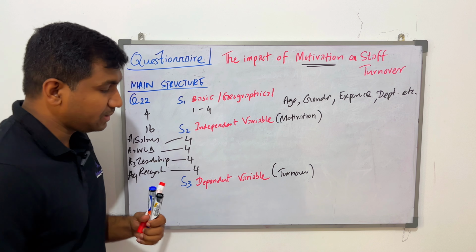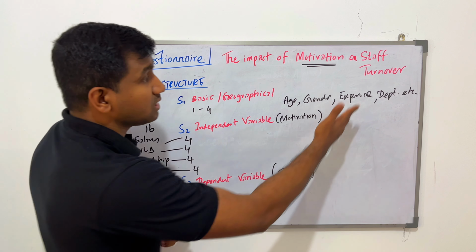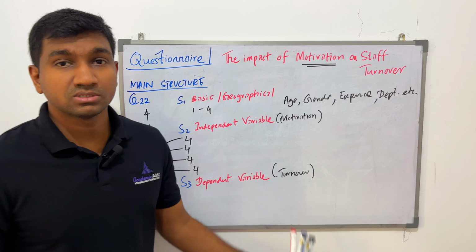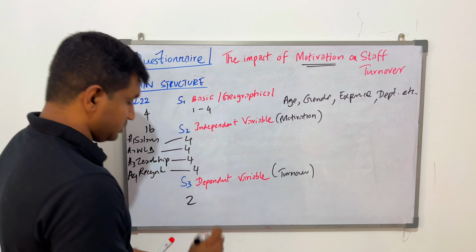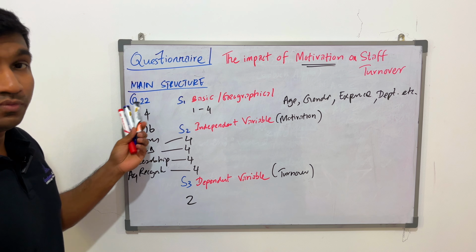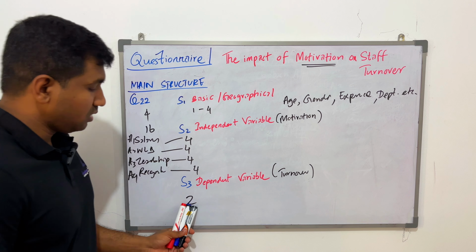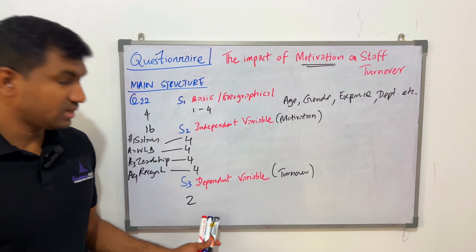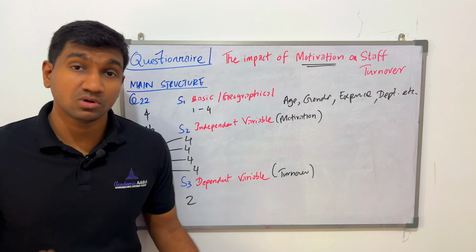Now, under dependent variable, you can have general questions. For example, this is your turnover, right? For turnover, I want you to have two questions. So then the 22 questions will be covered with these three sections, 16, 4 and 2. For example, you can have a question like, I'm looking for a new opportunity.